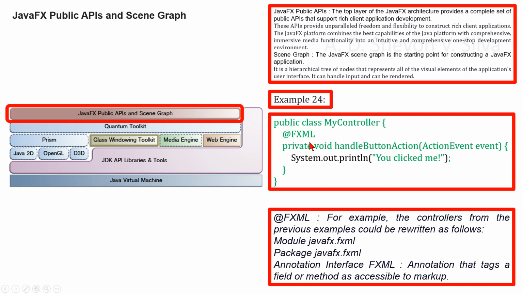If the class being annotated is in a named module, the module containing that class must open the containing package to at least the javafx.fxml module. For example, the controllers from the previous example could be rewritten as follows. In the first version, the handle button action method is tagged with @FXML to allow markup defined in the controller's document to invoke it.